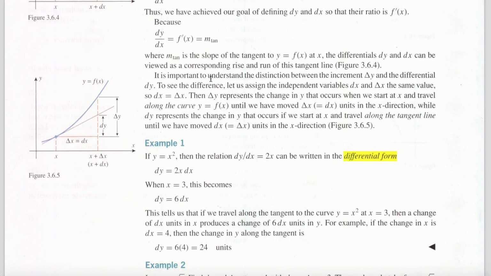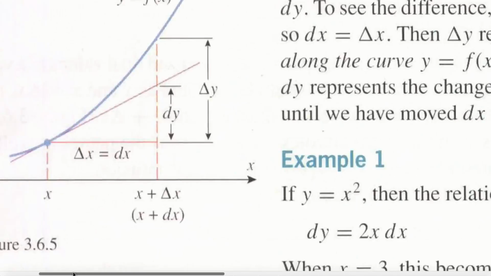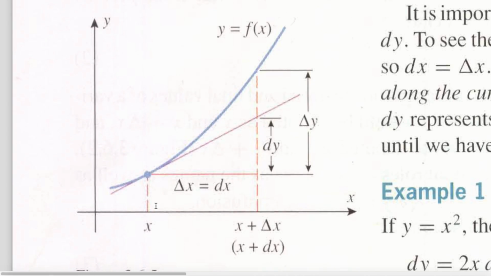It is important to understand the distinction between the increment, delta y, and the differential, dy. Those are two completely different creatures. So let's look at the picture and see if we can understand the difference between them. When you talk about dy, what you mean is the rise of the tangent line.